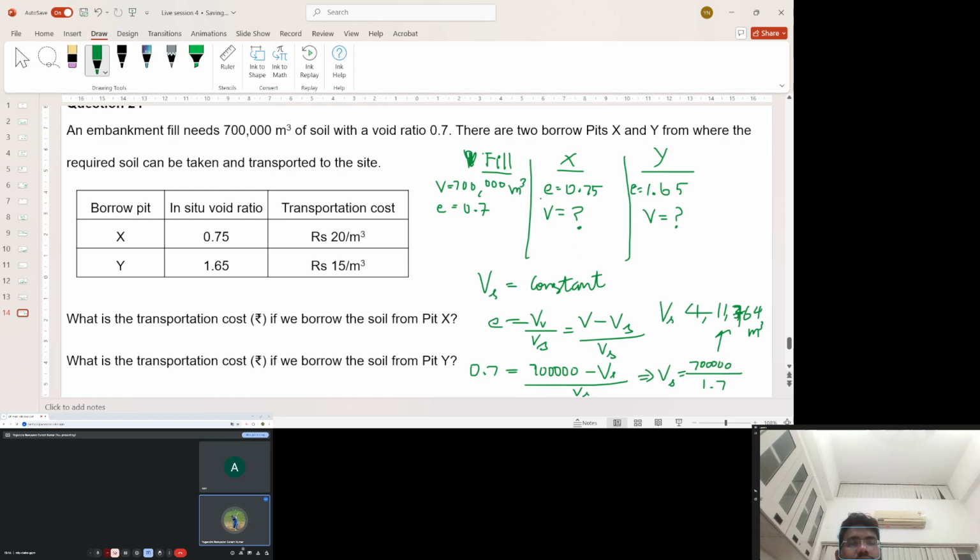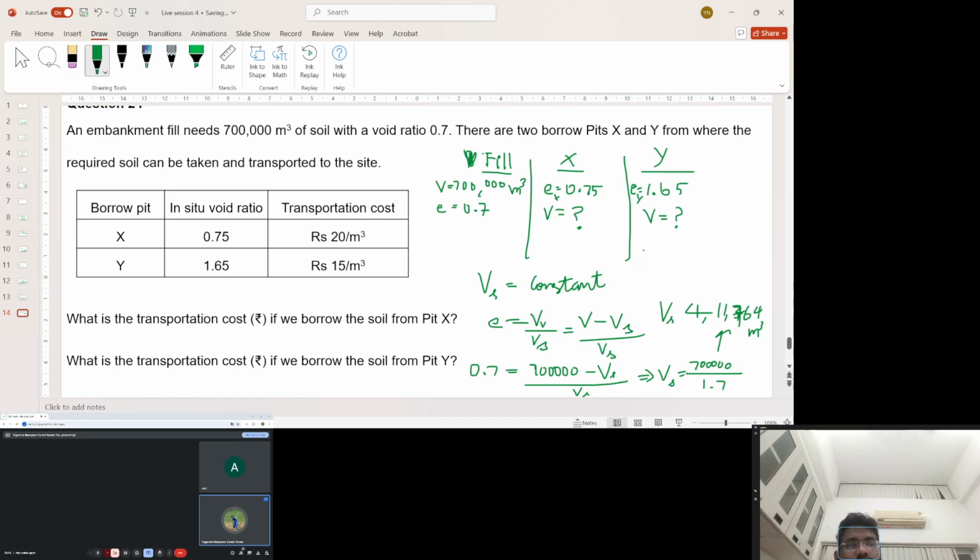Now we know e1, ex and ey. Now we can find out easily the total volume of the soil that needs to be borrowed, which exists at 0.75 and 1.65 respectively.